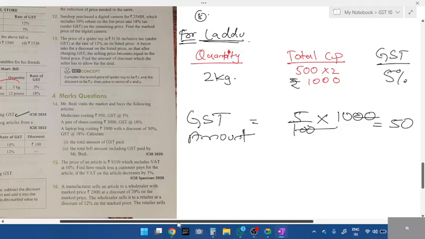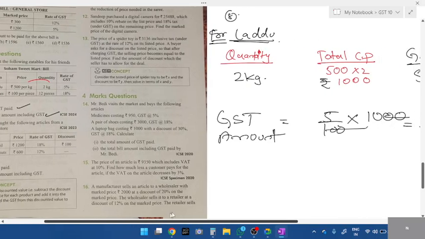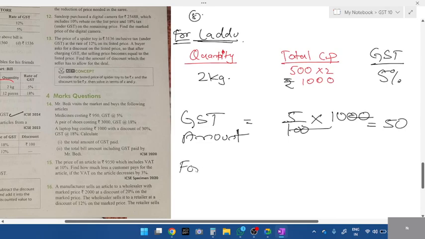What's the second item you bought? 2 pastries, right? Calculate for pastries. Do the calculation.